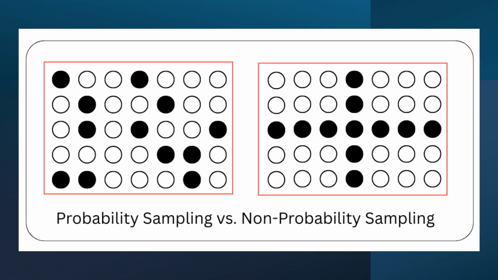In probability sampling, we use random sampling. In non-probability sampling, we do non-random sampling.